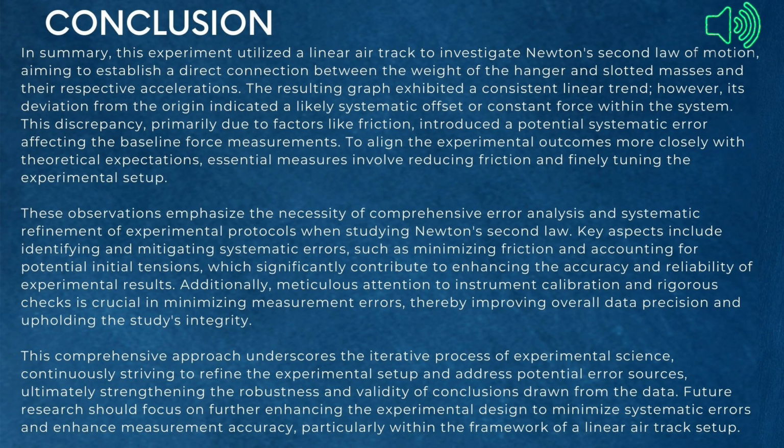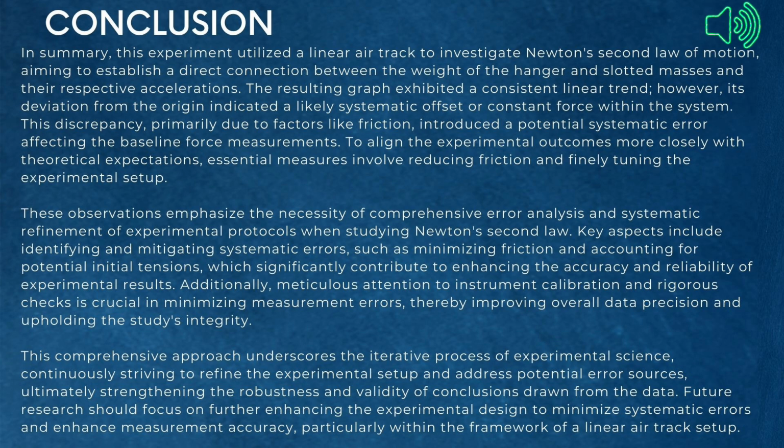For conclusion, in summary, this experiment utilized a linear air track to investigate Newton's second law of motion, aiming to establish a direct connection between the weight of the hanger and slotted masses and their respective accelerations.